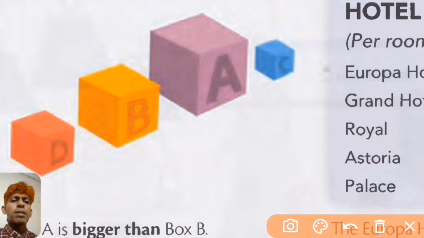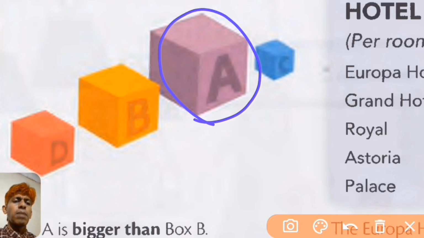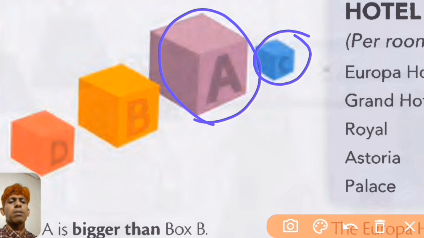Box A is the biggest box, and box C is the smallest box.